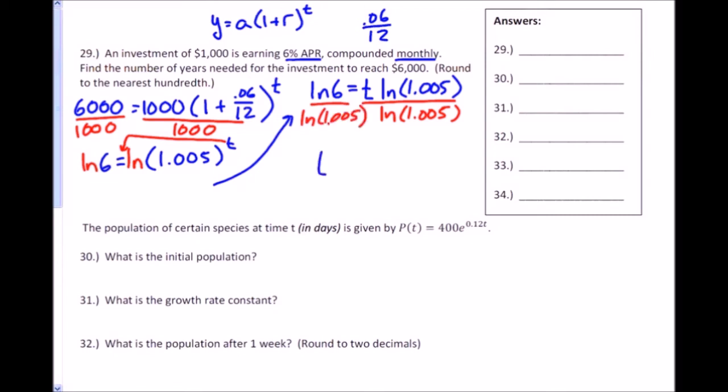And now this becomes a job for my calculator. And really, it looks very similar to my change of base formula because that's another way we can approach this. And again, just make sure when you plug it into your calculator, you put parentheses around that 6 and parentheses around the 1.005.